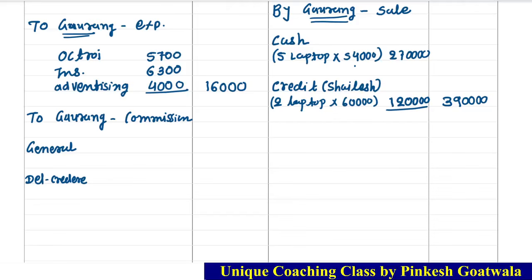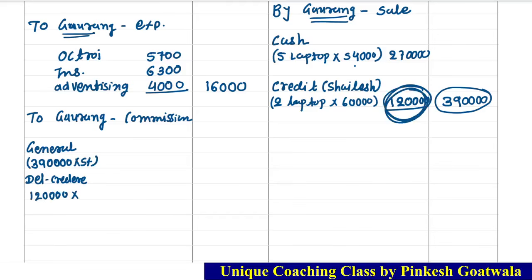Now general commission is calculated on total sale, total sale 390, and del credere is always calculated on credit sale, 120 at 2%.